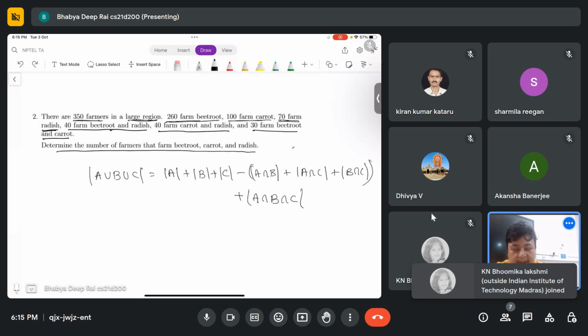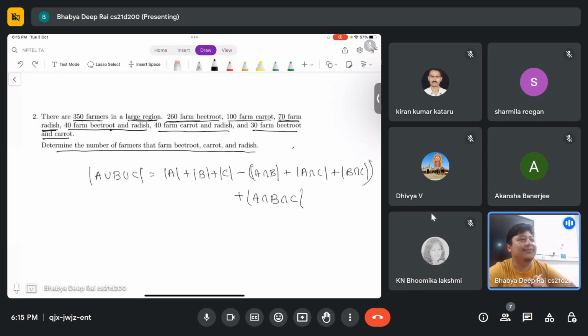Also, I would say assume that there is no farmer that does not farm any of the three vegetables. Every farmer farms at least beetroot or carrot or radish, in case you're wondering what the universe is. So please try this question.